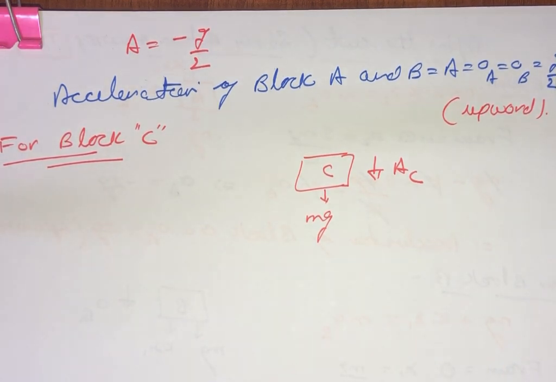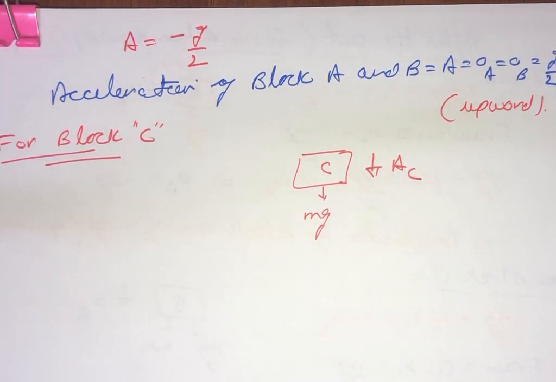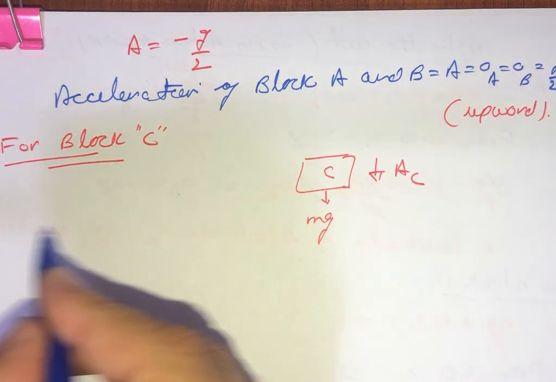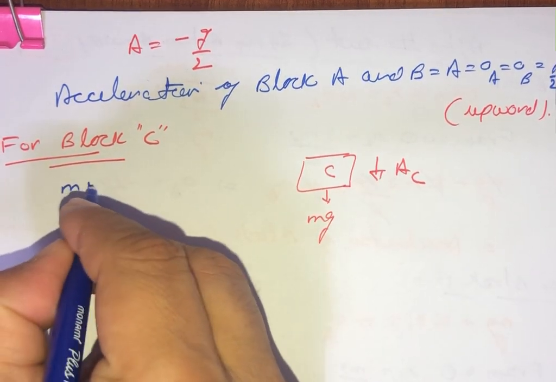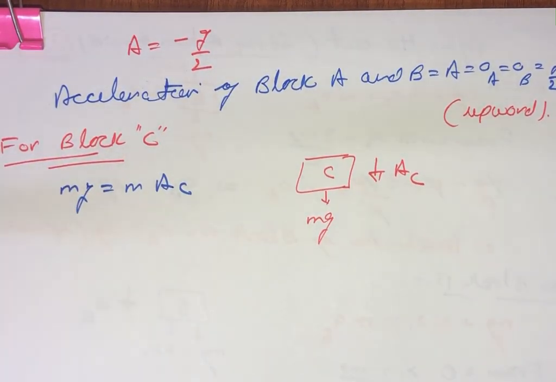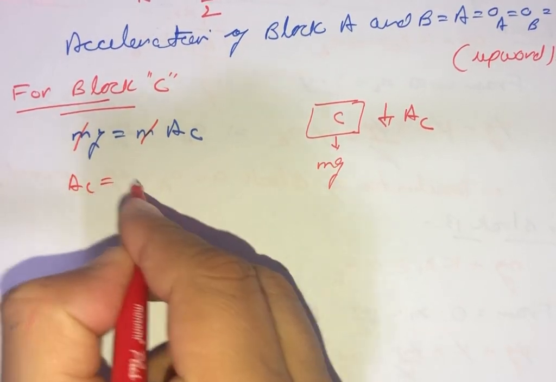And when the spring between B and C is cut, we can say that mg is equal to m AC. So m and m cancel out, and we get AC is equal to g.